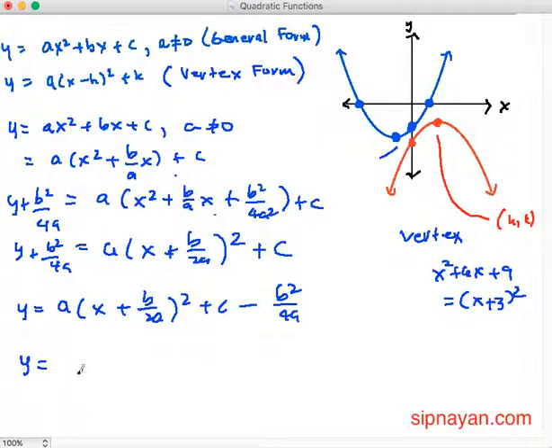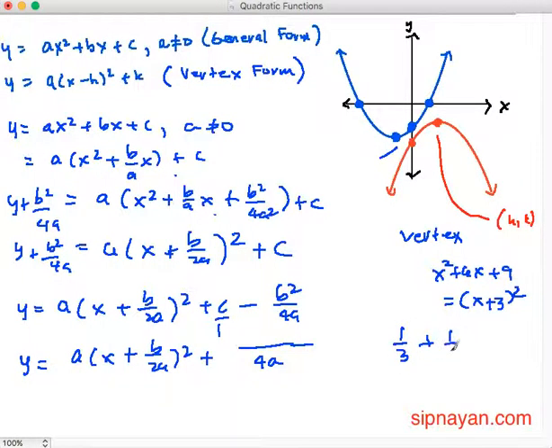So what happens? Pwede natin pag-isahin itong part na to. Plus c minus b squared over 4a. Pwede na siyang isa. 4a na yung kanyang denominator, no? So, c over 1, parang 1/3 plus 1/4 yan, di ba?